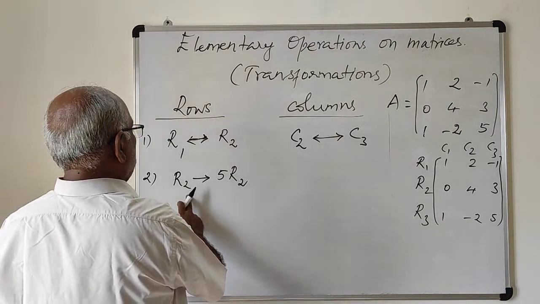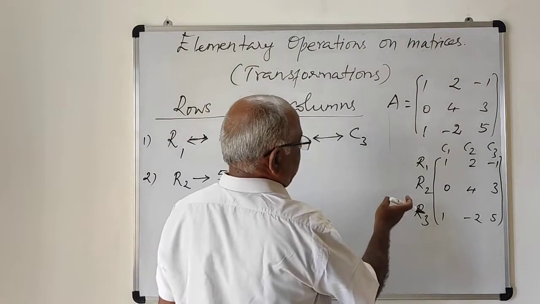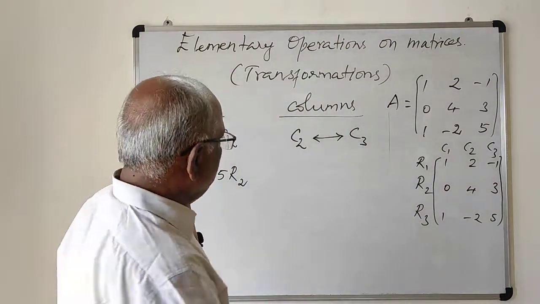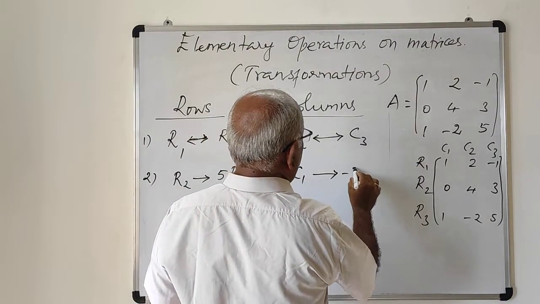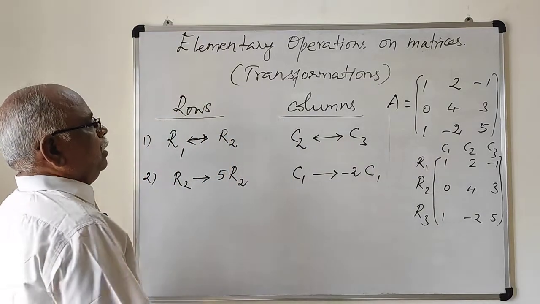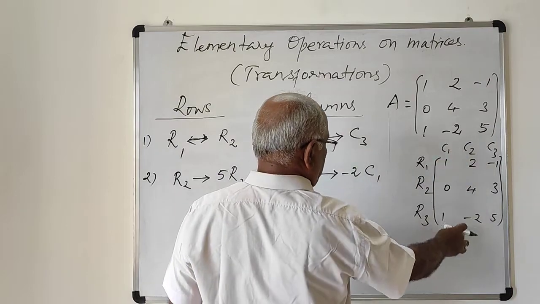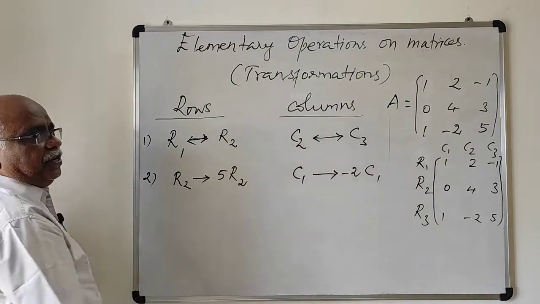So the elements of R2 are multiplied by 5, a non-zero number. Similarly, for columns, C1 becomes minus 2 times C1. The first column elements are multiplied by minus 2. Like that, the second set of operations.